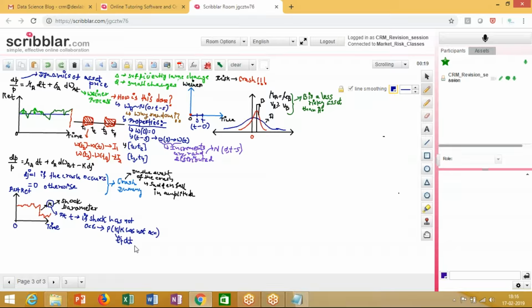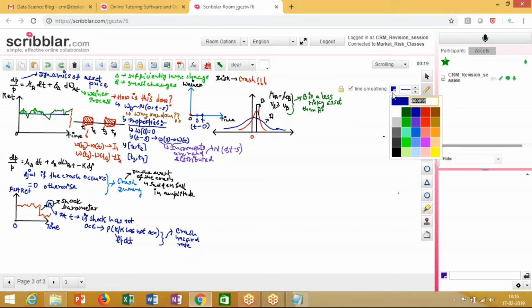So the entire problem reduces to estimating this rate, and this probability is called the crash hazard rate. So our objective is to estimate this crash hazard rate. The question that comes out is how this rate can be predicted.